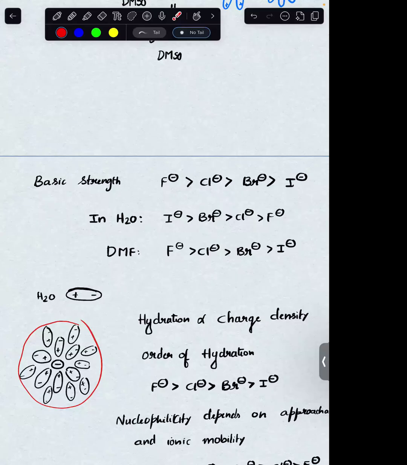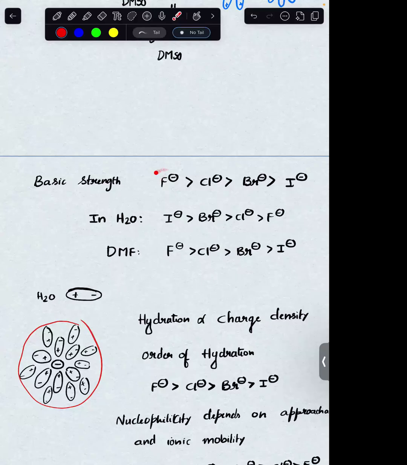We are interested in the negatively charged species because they act like either a base or a nucleophile. Agreed? So all these F minus, Cl minus, Br minus, I minus are going to be solvated inside water. And what is the order of solvation? Greater the charge density, more the solvation. F minus, being highly unstable, is going to be solvated to the highest extent.